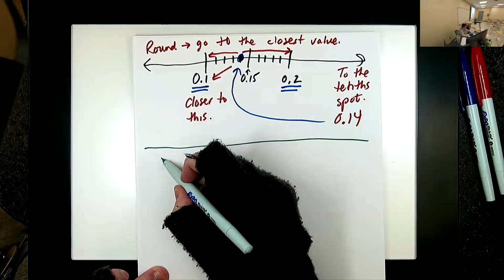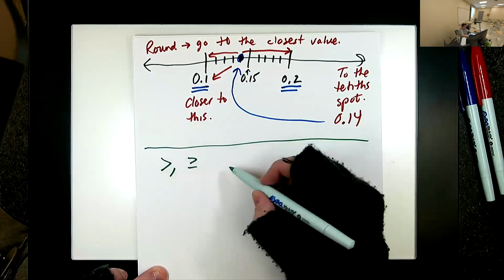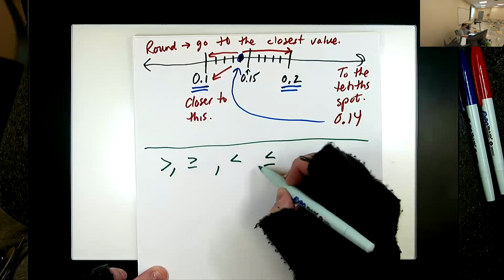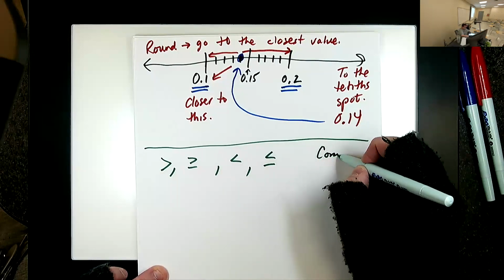Now we talked about, I showed these symbols. These are called comparison operators.